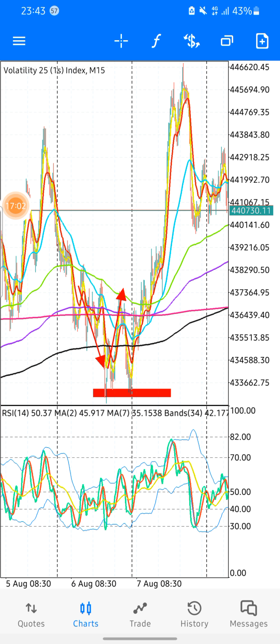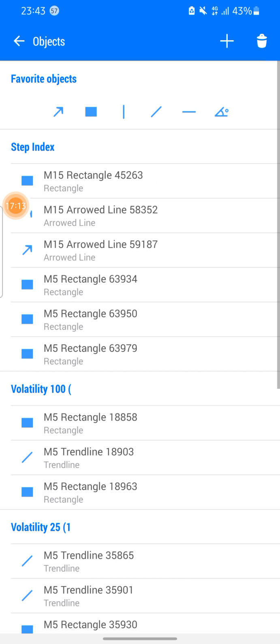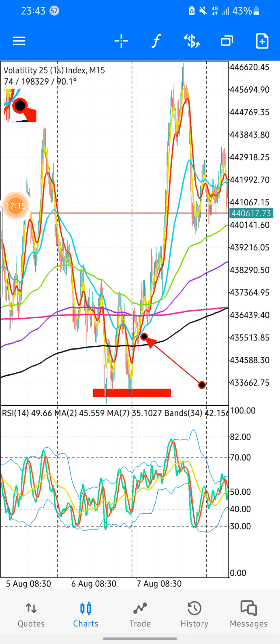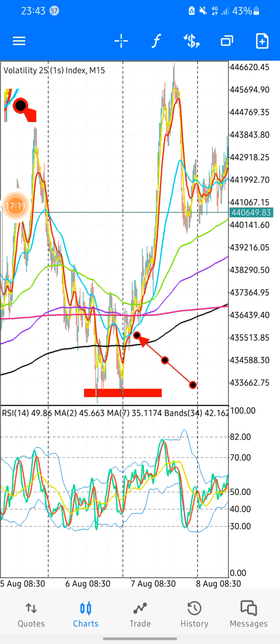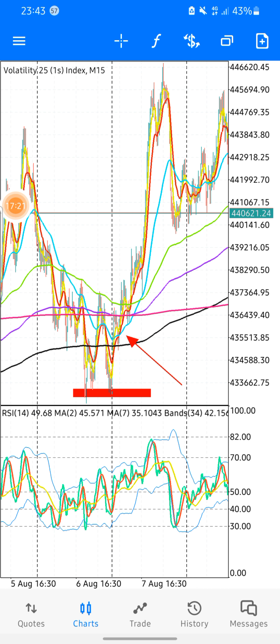Allow me to remove these arrows. Right, so if you can see clearly now, this is where we have our 1350 cross.